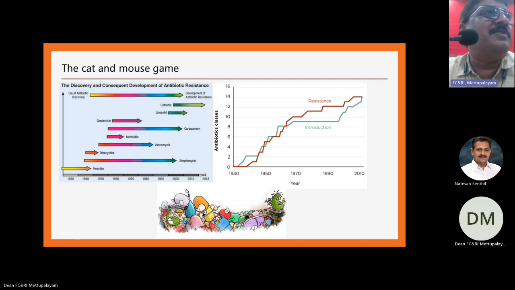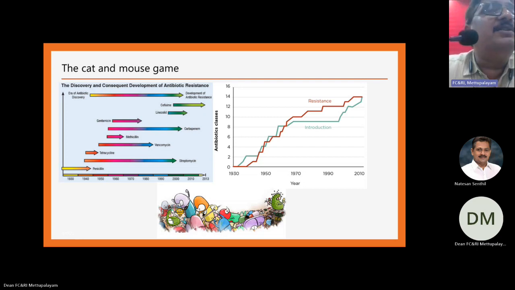When you are at a sublethal level, some of the bacteria could actually survive, and these bacteria could multiply and become resistant, and next time when you try to use the same antibiotic, it doesn't work. That's a huge issue.